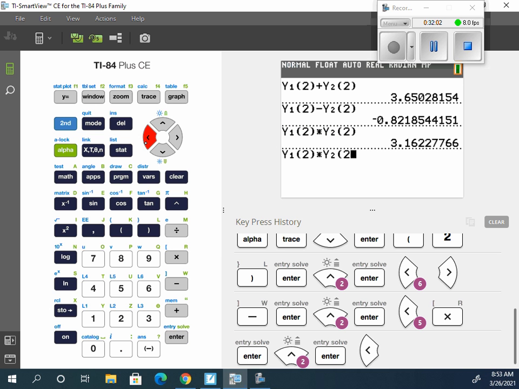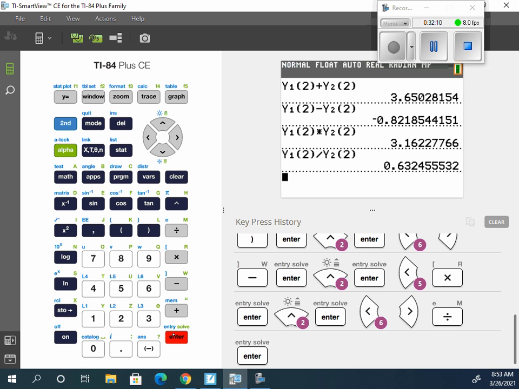And last but not least, f plus g of x, f minus g of x, f times g of x, and f divided by g of x. All four are right here. Questions on this here? Are we good with this here? Okay.